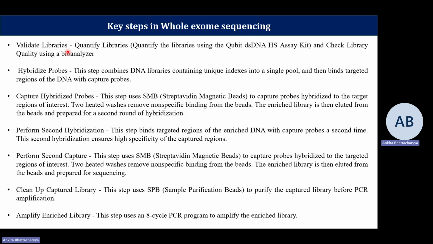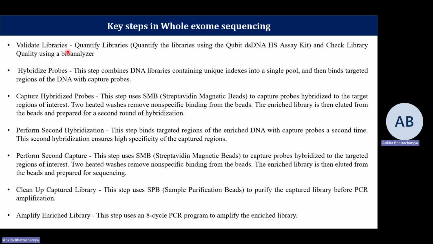It ensures that this library preparation has been performed perfectly and is reliable, because it's sort of a preliminary check to make sure that whatever you are using for the sequencing process is already of good quality, not contaminated by salts or unreliable in any manner, and can be used for sequencing, and the data which you get from there is also reliable and can be used in subsequent steps.